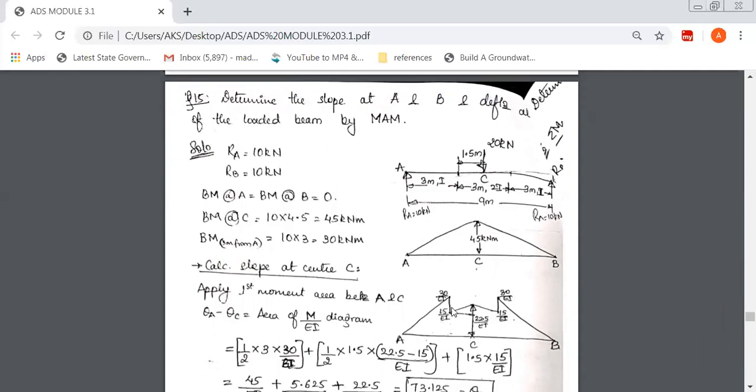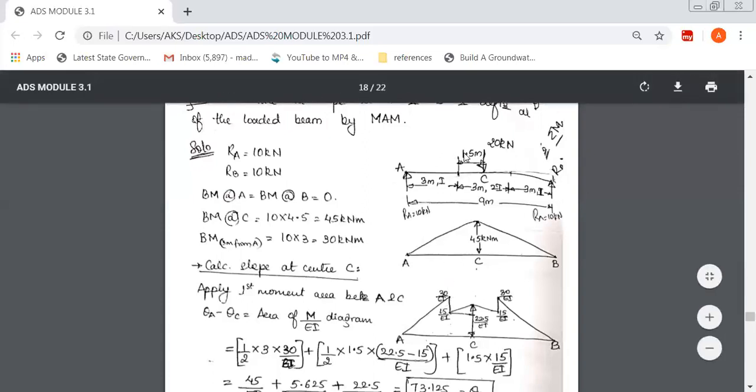Now, the same thing on the right side. To the right side of this point, it is 2I. So to the right side, I'll show it as 30 divided by 2EI. 30 divided by 2 is 15, so this 15 over EI is to the right side.